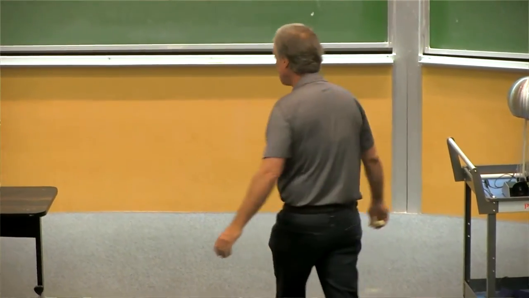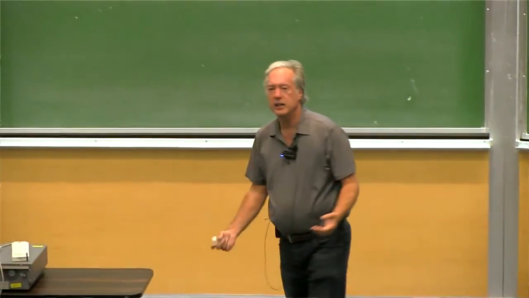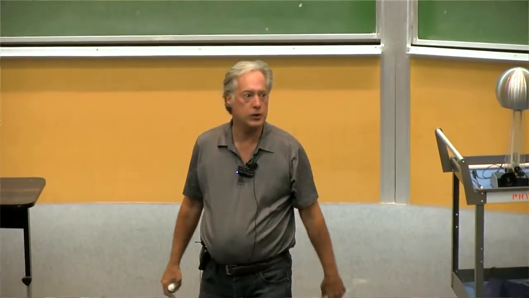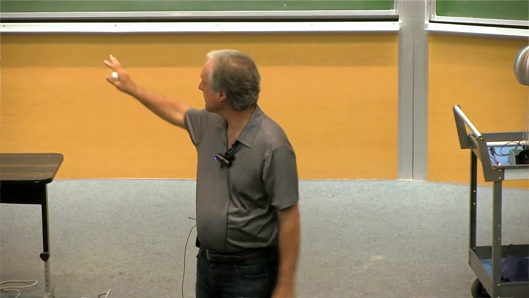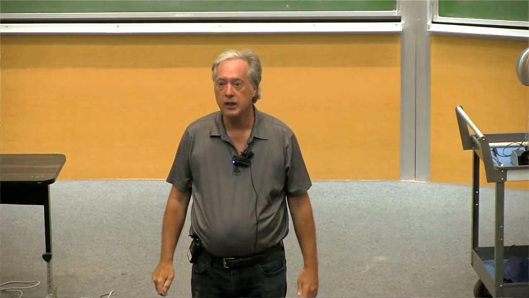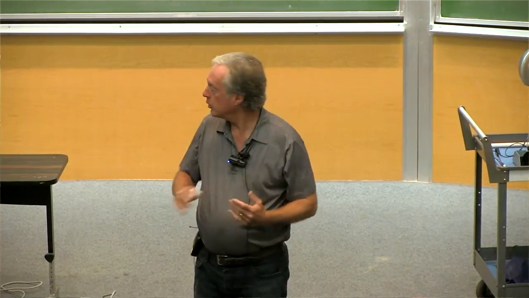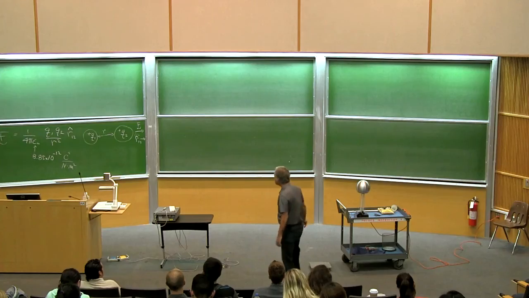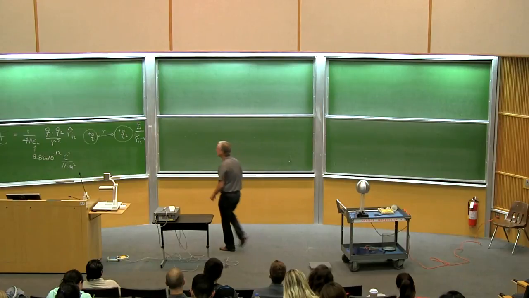So epsilon naught. It turns out that the properties of air, for example, are very close to the properties of free space or vacuum for a lot of these kinds of circumstances. So you can typically use this number when you're doing calculations about electric charges in air. Not all the time, but typically.